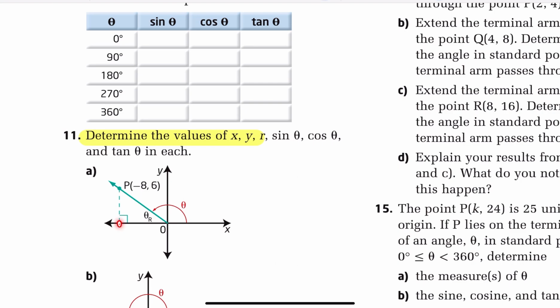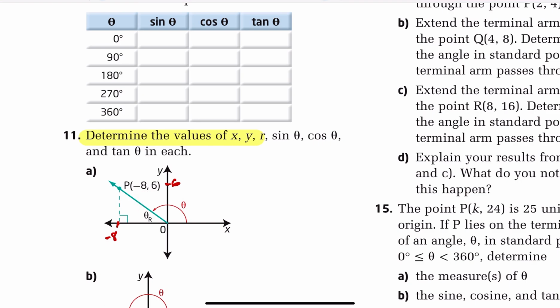This is minus 8 and this is 6. This is my triangle, so this is 8, this is 6. I have to determine my r.